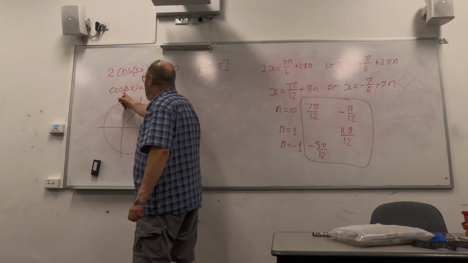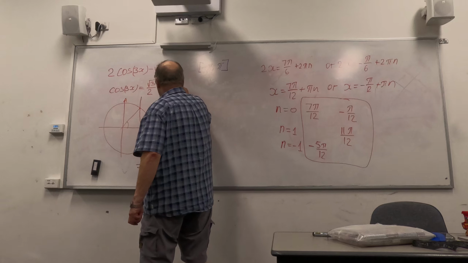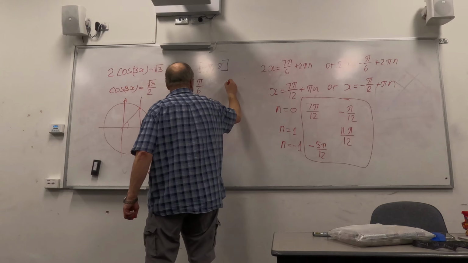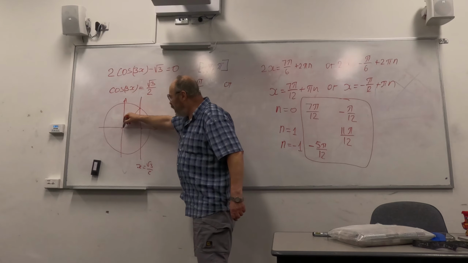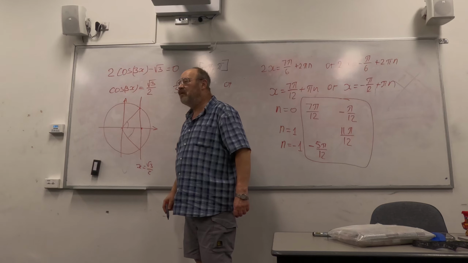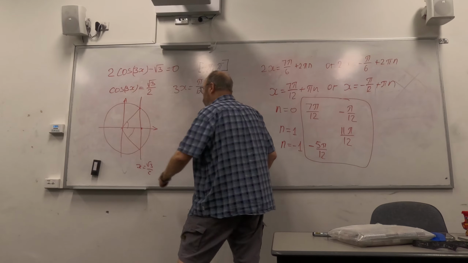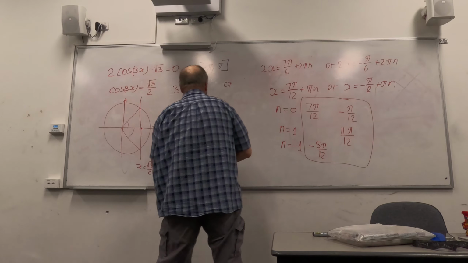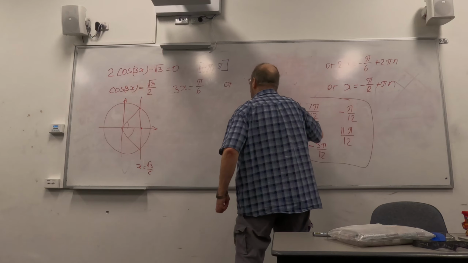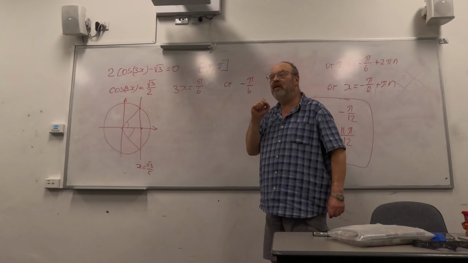So we have cos 3x equal to this point, so 3x equals pi on 6, or what will this angle be? Negative, because it's opposite. So we have 3x equal pi on 6 or negative pi on 6. What else do we need to do?